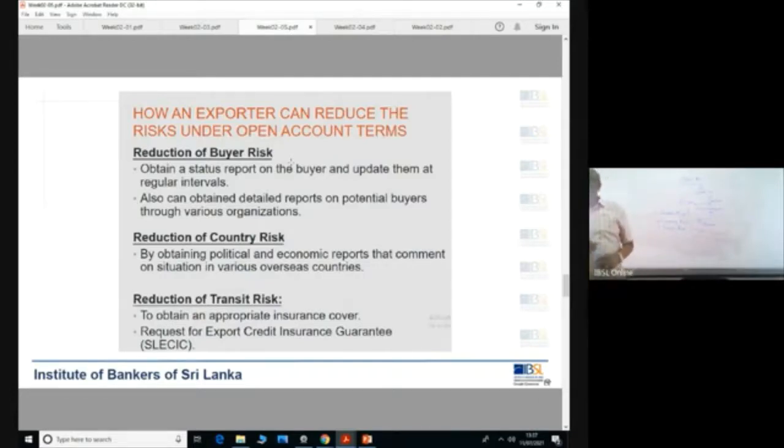Then reduction of transit risk. The best thing is to buy an insurance policy. The insurance policy can cover this. Sometimes on top of that, we can recommend obtaining an export credit insurance guarantee, SLASIC guarantee, Sri Lanka export credit insurance guarantee.